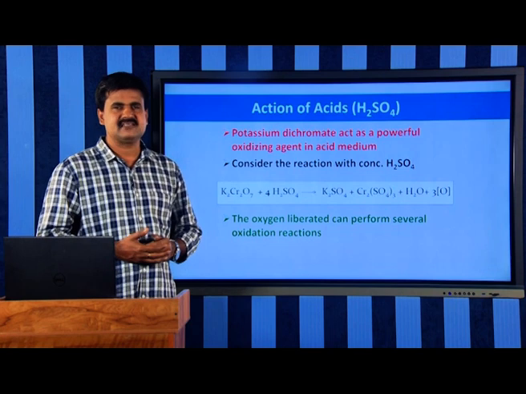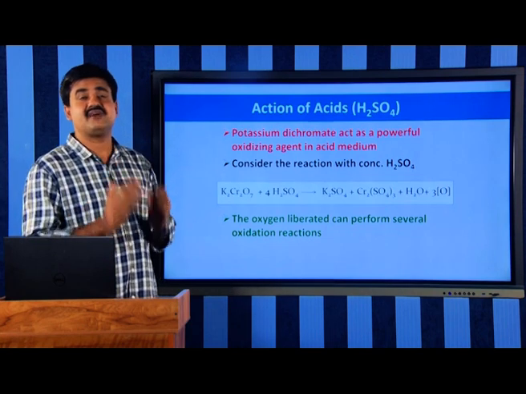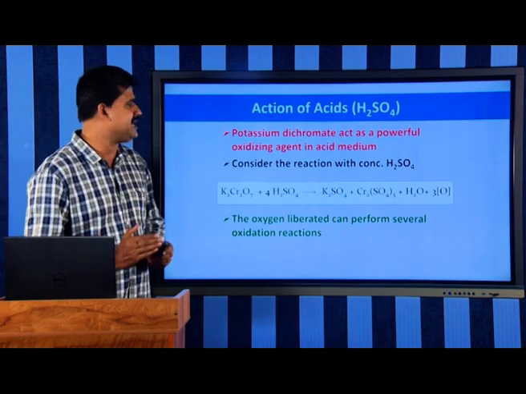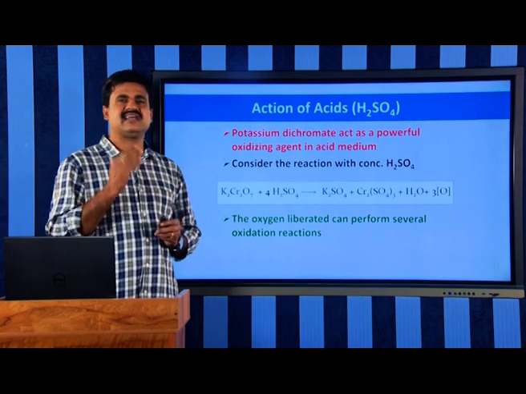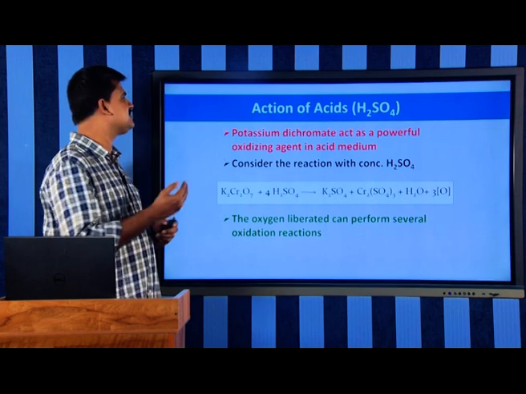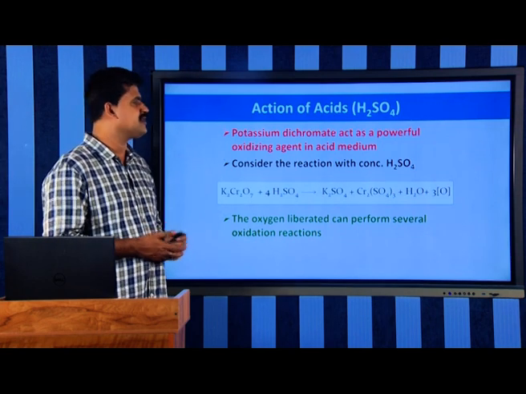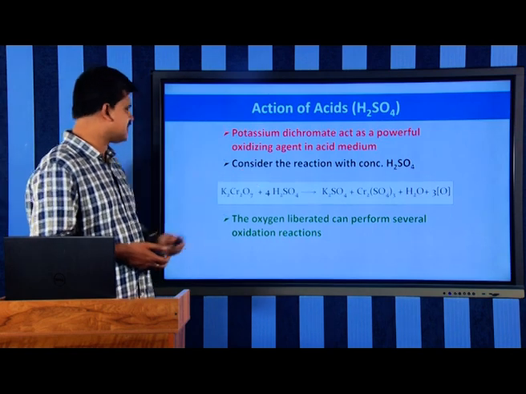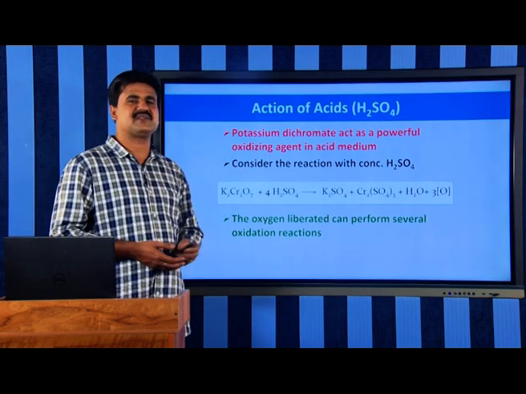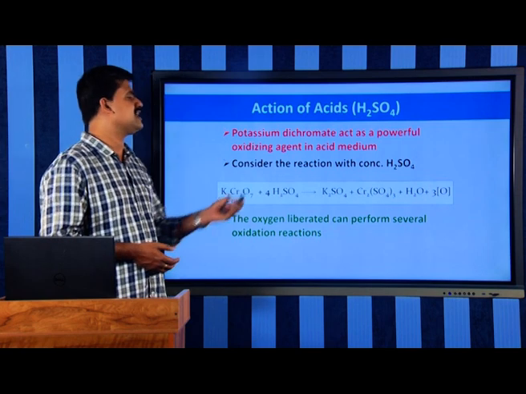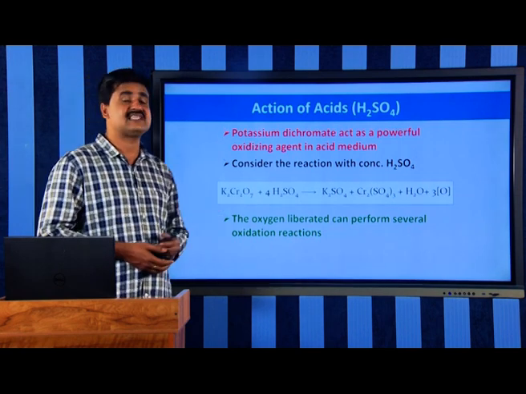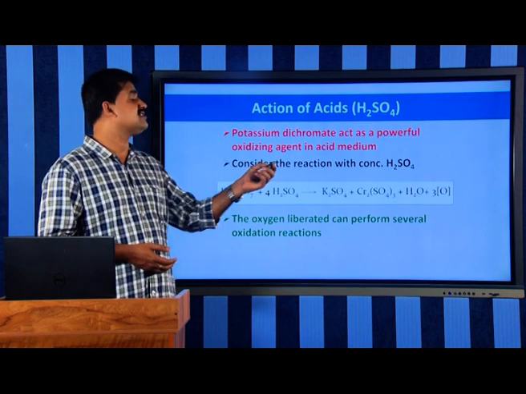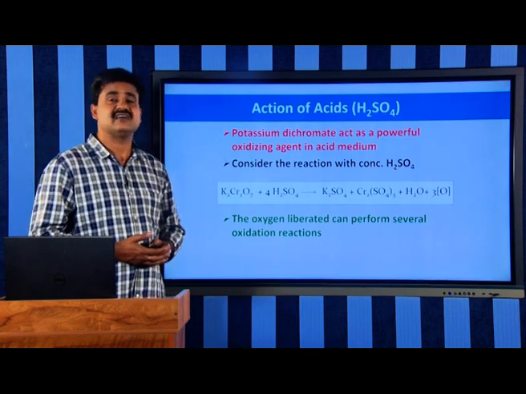Potassium dichromate acts as a very powerful oxidizing agent, especially in acid medium. When we react potassium dichromate with concentrated sulfuric acid, nascent oxygen is produced. This is as per the equation: K2Cr2O7 plus 4H2SO4 produces K2SO4, Cr2(SO4)3, that is chromic sulfate, water and 3 nascent oxygen atoms are released.